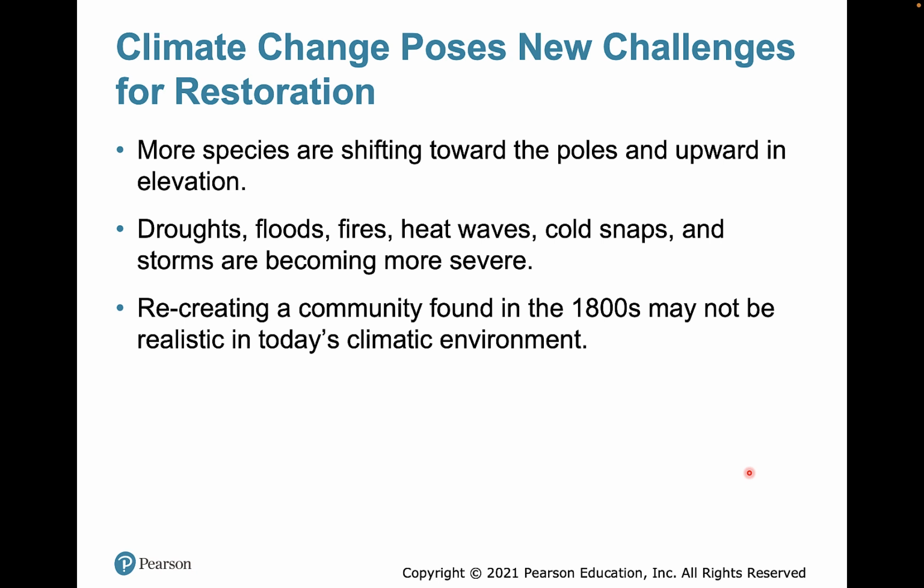So to realistically take a community from the 1800s and try to put it back to the way it was in the 1800s may not be realistic based on the changes in climate. So restoration ecology has a new spin on it. So that is the end of chapter 4.